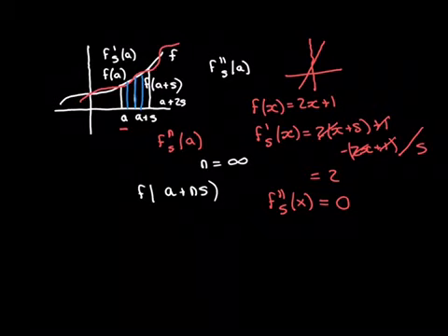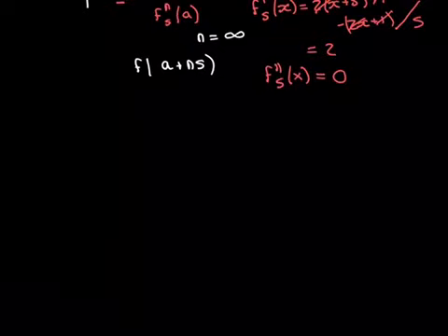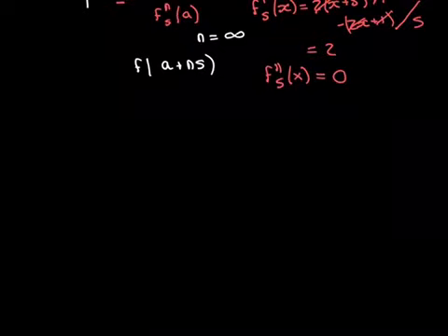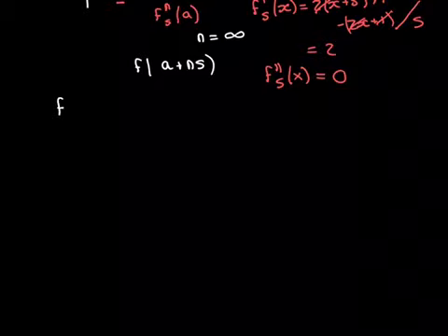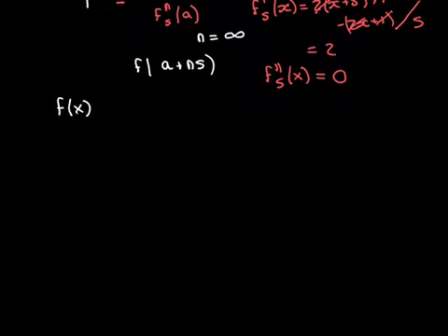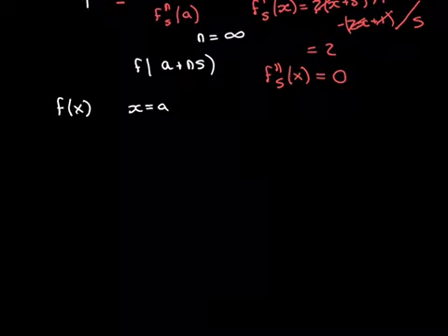So let's now actually construct a function that would have the same values for higher and higher numbers of derivatives as our function f. So we're now assuming that we have our function f of x, we have our point x equal to a, and again we're working with a general point, so we're just calling it a, and we now know the value of the function at that point a.